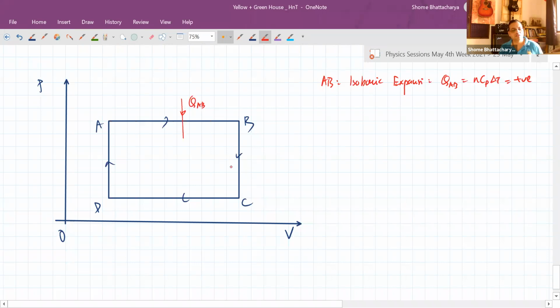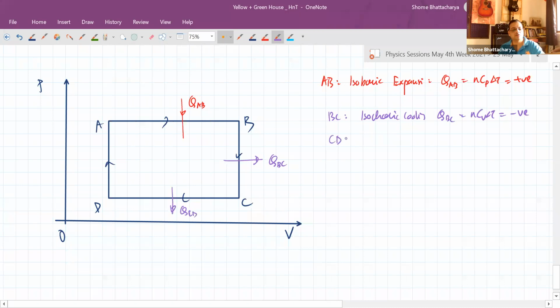But during BC, heat is going out. BC is isochoric cooling. That will be negative because you can see temperature is dropping. Similarly, this is also a situation where heat is going out.